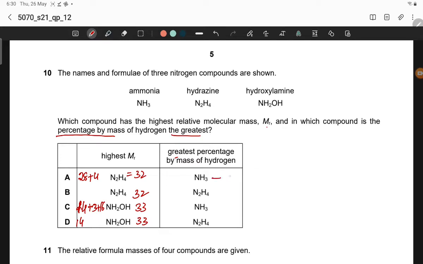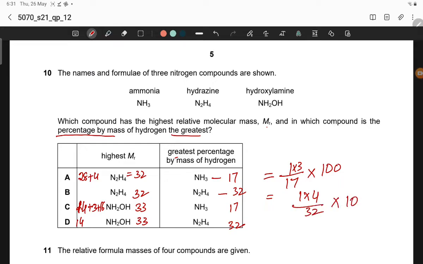So the Mr is 17, and Mr is 32. Percentage is 1 over 17 into 100. One into 3, and this is 1 into 4 divided by 32 into 100.